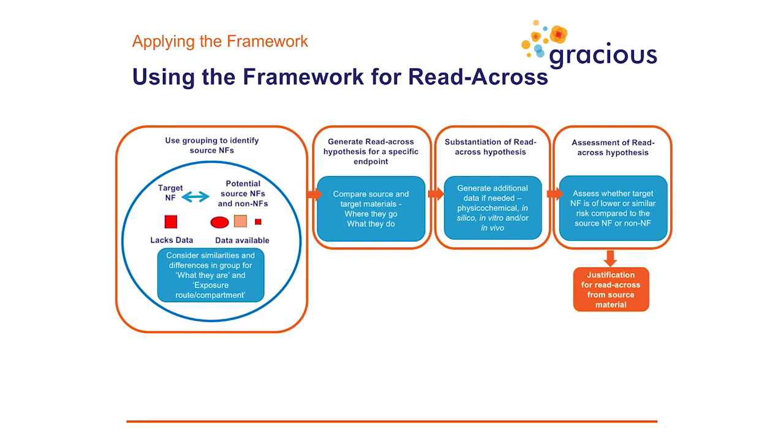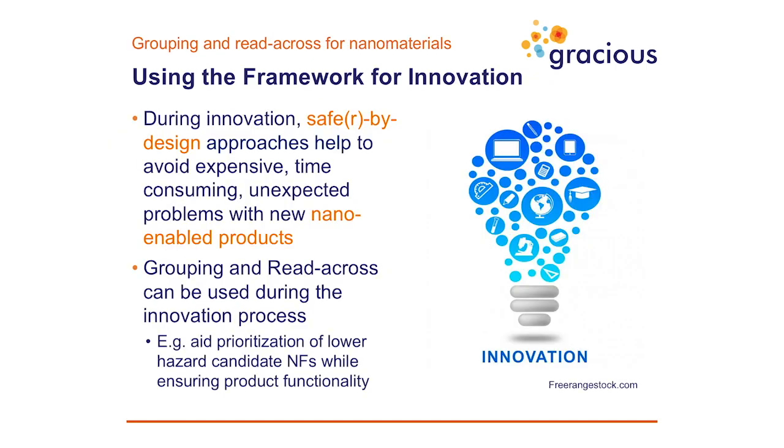So you can take that available data for your source nanoform and potentially read it across to your target nanoform. So first of all, before you do this, you generate a read-across hypothesis that allows you to structure the endpoint and the ideas behind that read-across. Then you gather the information to support your read-across hypothesis, and then you assess whether you have enough information to accept or reject your hypothesis.